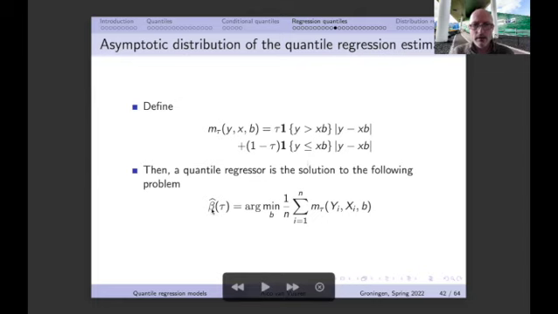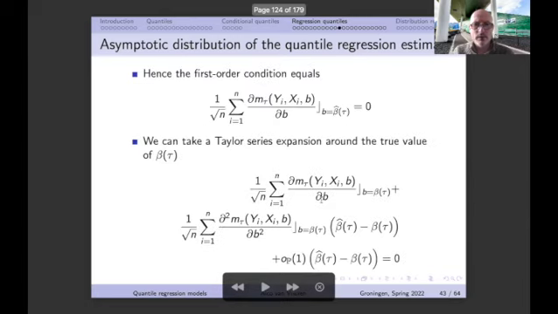And the reason why we're going to do this is because then we can see the quantile regression estimator as nothing else than the argument that's going to minimize this criterion function that we have over here. It's just a notation because we have already seen this a couple of slides back. So this works well, and then the next thing we can do is exactly the same thing as what we did with respect to standard quantiles. First thing is that we're going to look at the first order condition.